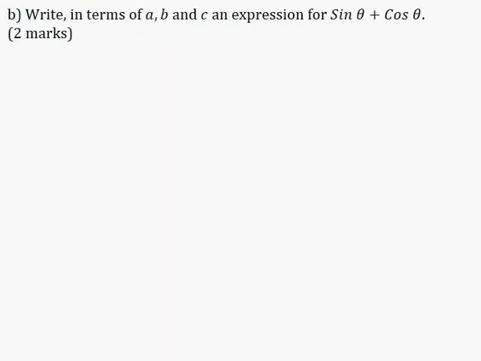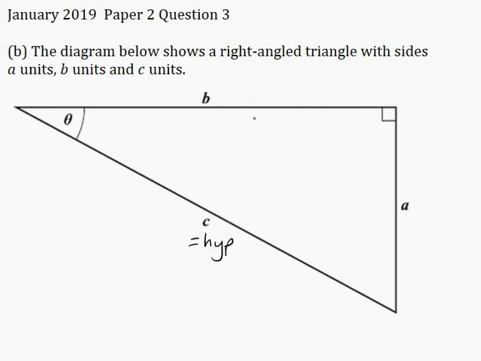Part B. Write in terms of A, B, and C an expression for sine theta plus cos theta for 2 marks. Now, in our diagram here, B is the side next to theta, so B is the adjacent side, and A is the side that is opposite angle theta, so A here is the opposite side.